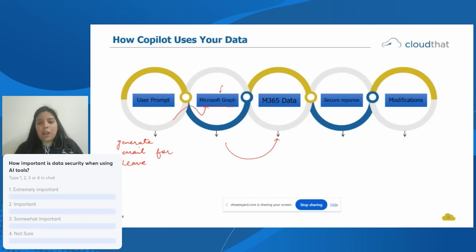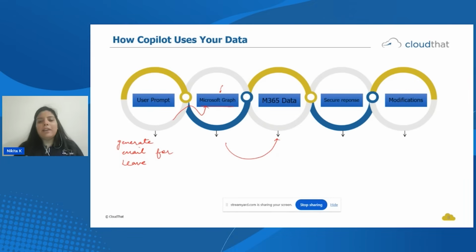Let's say you are Akash. You give this user prompt to your Copilot. Now it will give you the answer accordingly. It will write, "Hi, hope you are doing well. I want to take a leave," and so on. And that response, trust me, is secured.